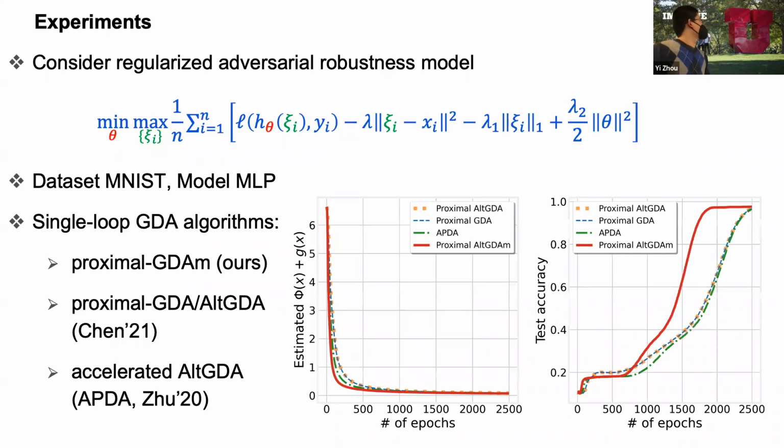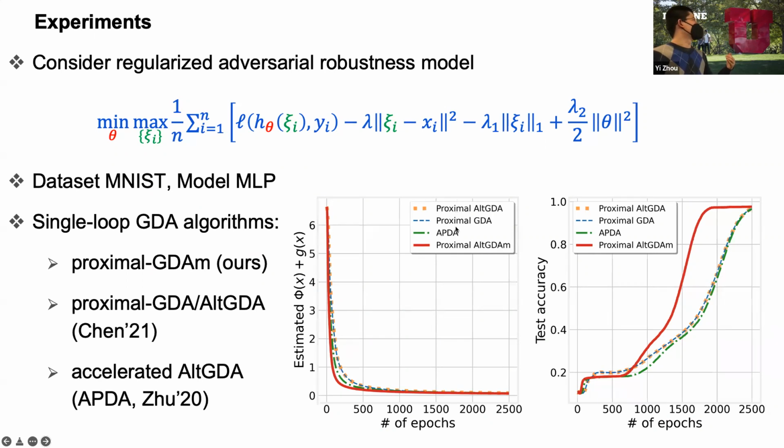And we have some experiments on adversarial training to demonstrate the efficiency of this algorithm. The red curve corresponds to our momentum accelerated algorithm, and the other 3 curves correspond to comparable single loop algorithms.